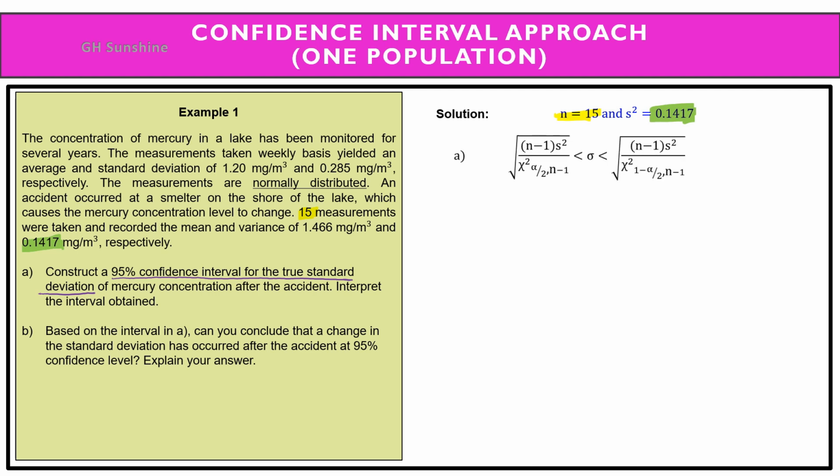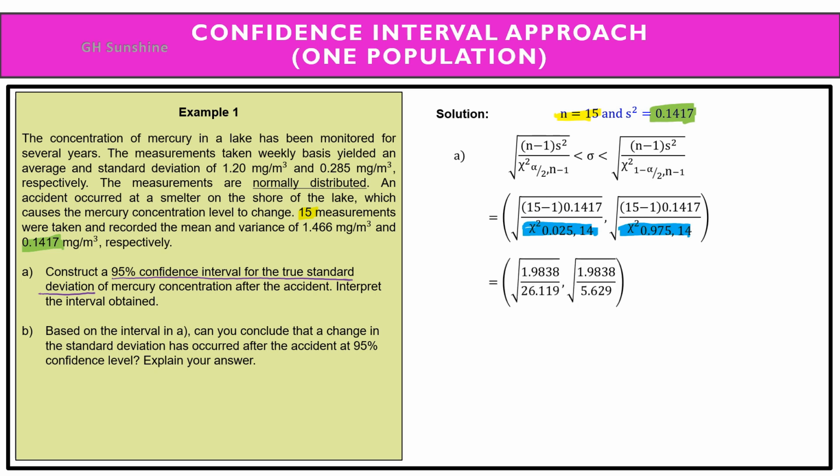Using this formula, substitute all the values, and then from the chi-square table, 0.025, 0.975, and degree of freedom 15 minus 1 equal to 14. So read from the table.